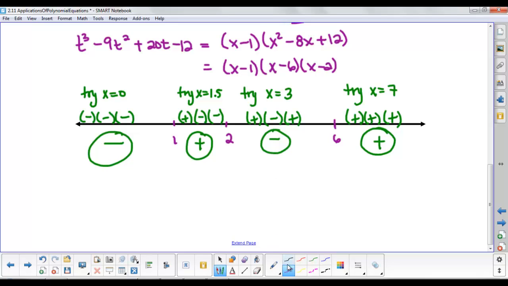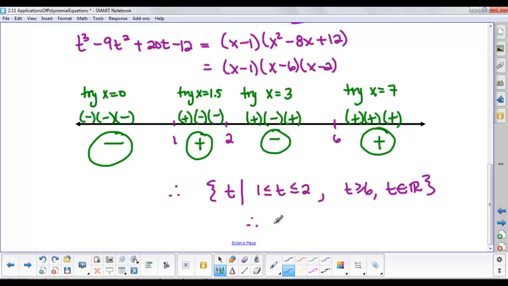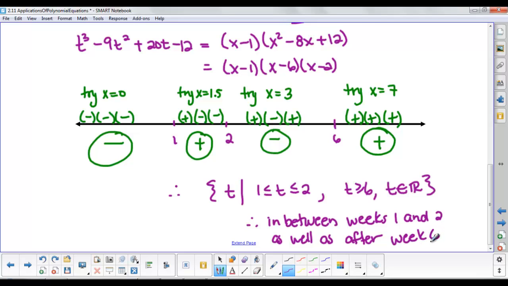So our answer is anything in between 1 and 2, and then again anything after 6. Okay, so what does that mean for us in terms of the question? Well, in between weeks 1 and 2, as well as anything after week 6.